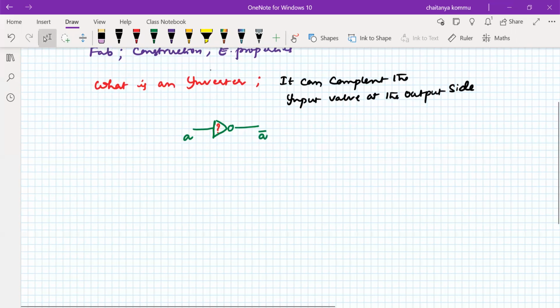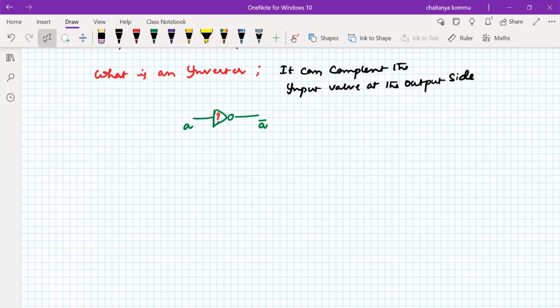Now, for any application, whether it is an inverter, a decoder, or an encoder, whatever the digital circuit may be, we have a generalized architecture to implement it.